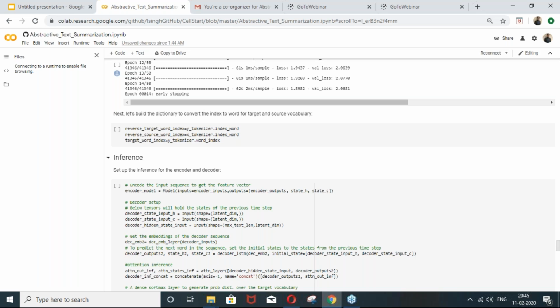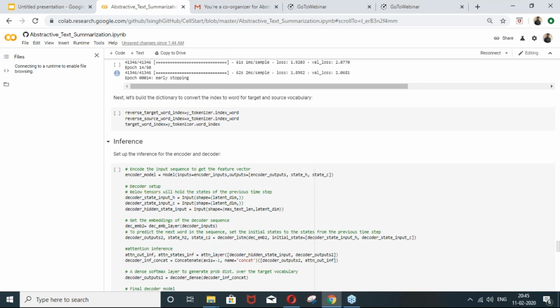It will be a very huge dataset for the dictionary as well, because there are 1 lakh reviews, and we are creating the dictionary for each single word. So it's a very huge part to print. We are building it and using it in our model, but I'm not printing it.